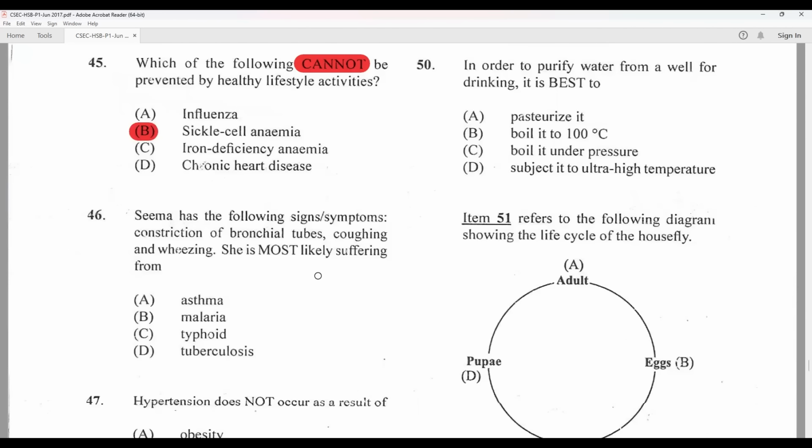Seema has the following signs and symptoms: constriction of bronchial tubes, coughing and wheezing. She is MOST likely suffering from asthma. Notice the word most in capital letters.